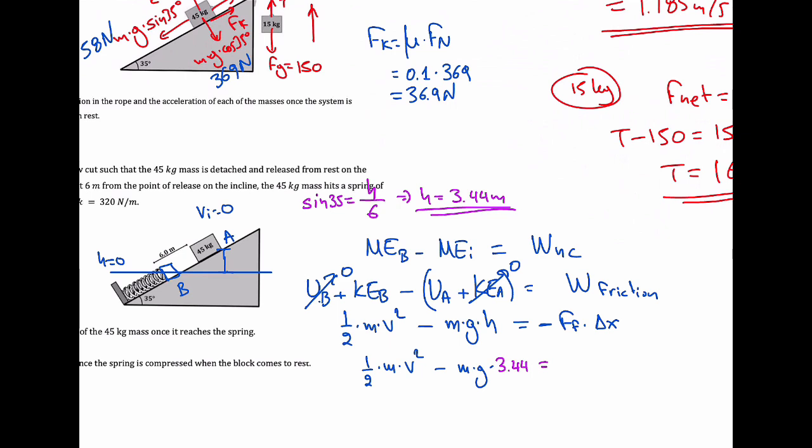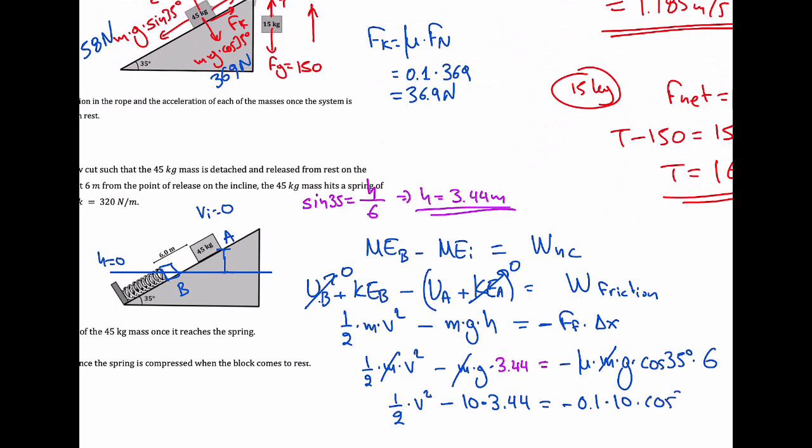And the friction is mu multiplied by the normal force, which is m times g times cosine of 35 degrees, multiplied by the distance, that is 6 meters. The mass is cancelled out, and we know all the values besides the final velocity. So 1 over 2 v squared minus 10 times 3.44 is equal to minus 0.1 times 10 times cosine of 35 times 6.